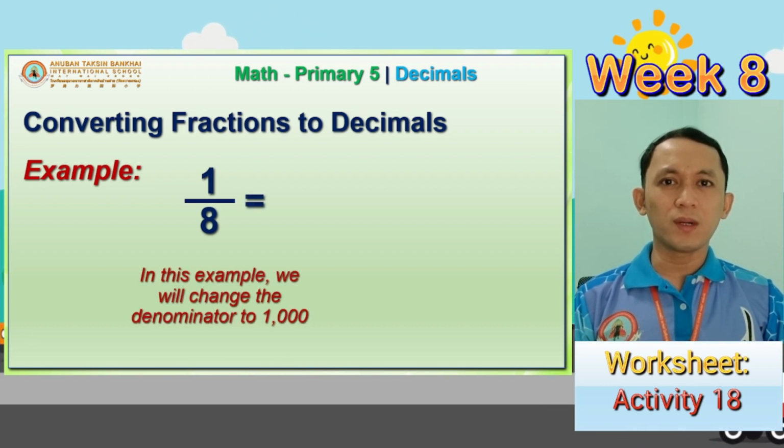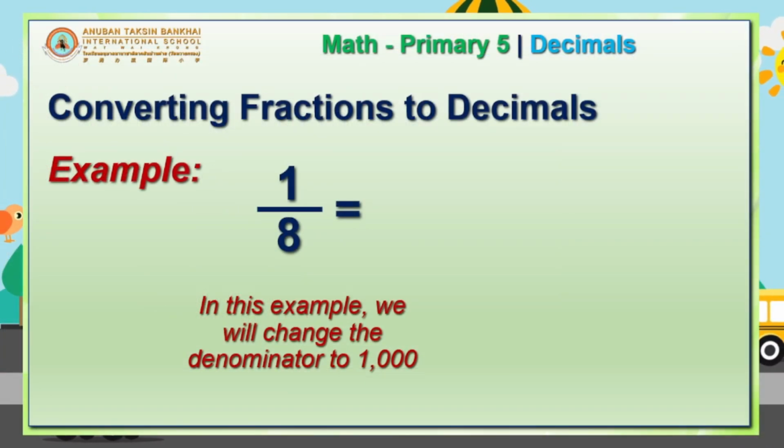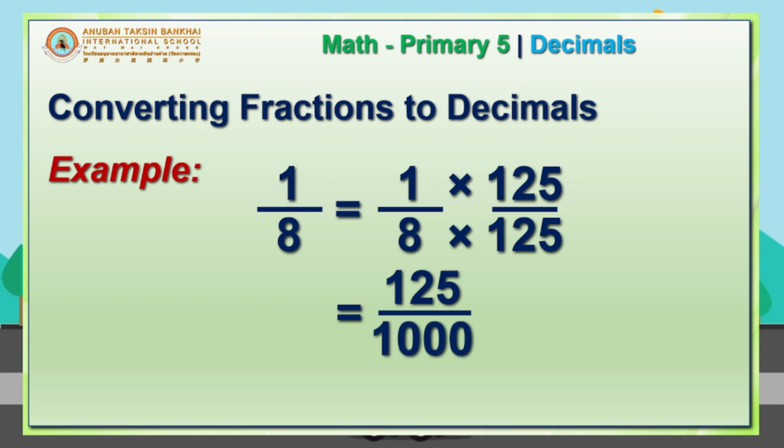So in this example, we are going to change our denominator to 1000. So we can multiply it by 125. So 1 times 125, that is 125. And 8 times 125, we have 1000.